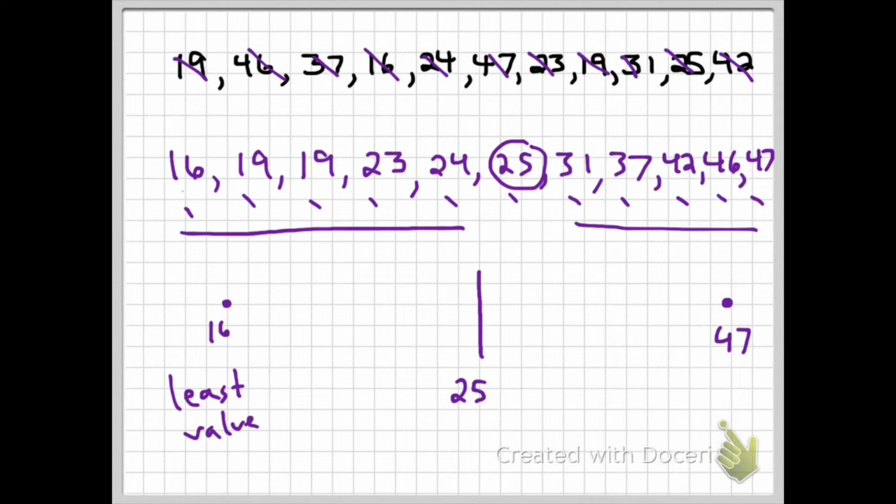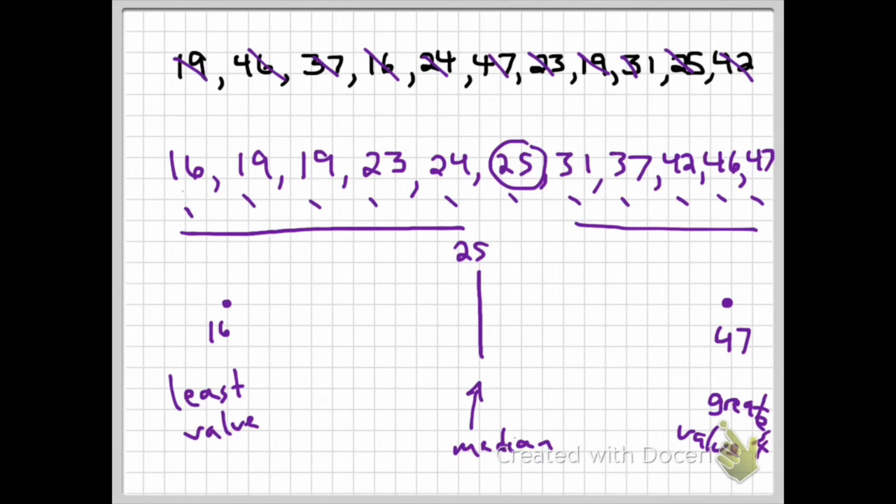We have our greatest value, which is the 47. And the 25 represents our median, the middle number of the set.